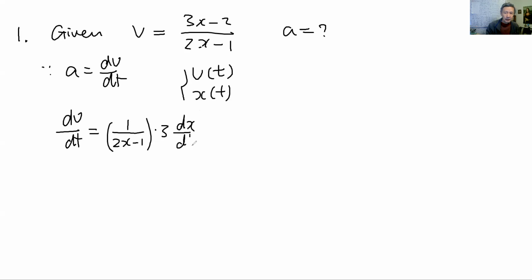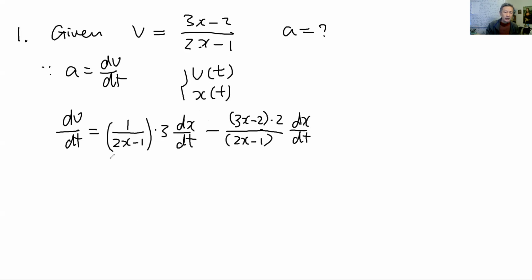The second term, with the 2x minus 1 factor, we write the original factor here. Differentiating gives 2, and don't forget to put dx dt, because x is a function of time.